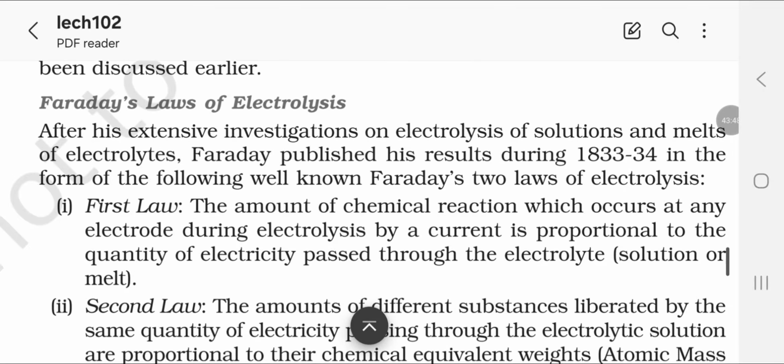After his extensive investigation of electrolysis of solutions and melts of electrolytes, Faraday published his result during 1833-34 in the form of the following well-known Faraday's two laws of electrolysis. First law: the amount of chemical reaction which occurs at any electrode during electrolysis by a current is proportional to the quantity of electricity passed through the electrolyte or solution or melt.